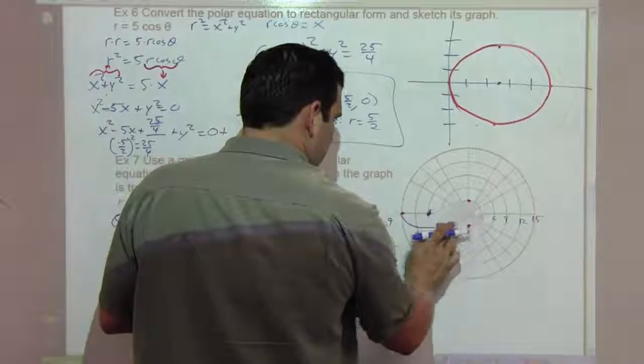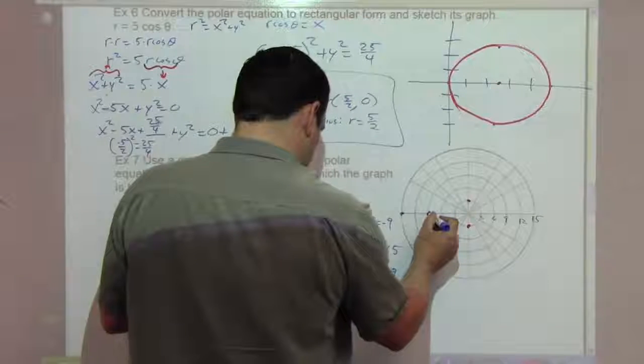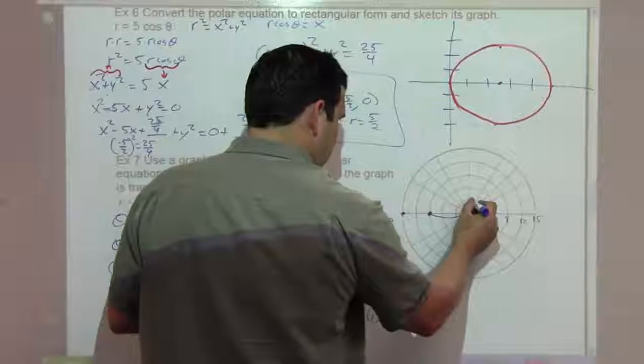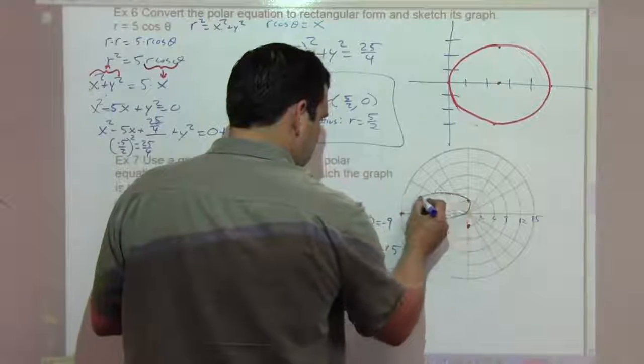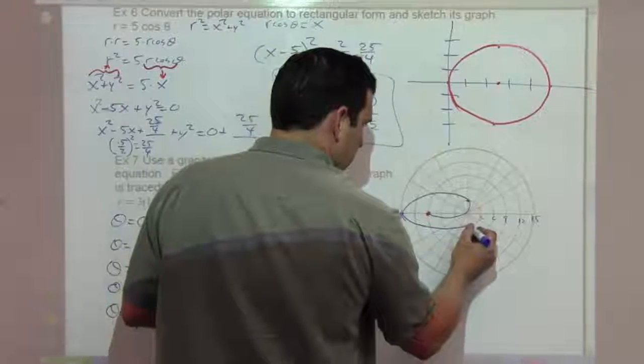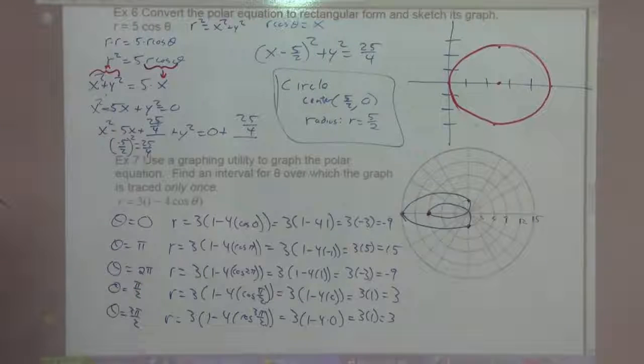I may have that circle wrong. It starts here, it's going to come out to that, down to here, that's what it is. Then back there. So there's our curve.